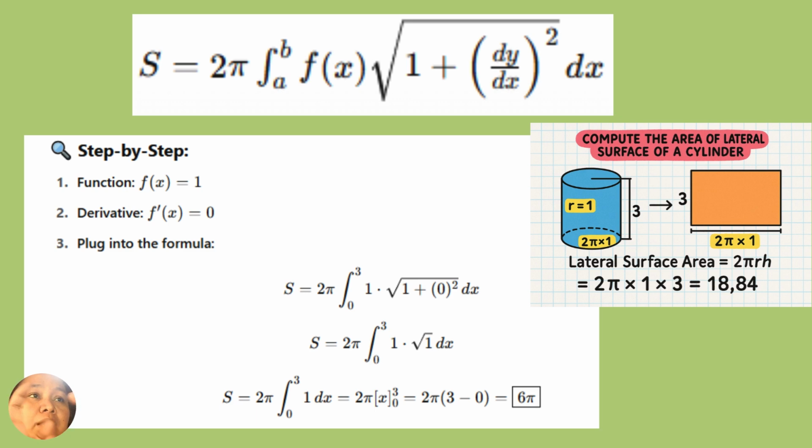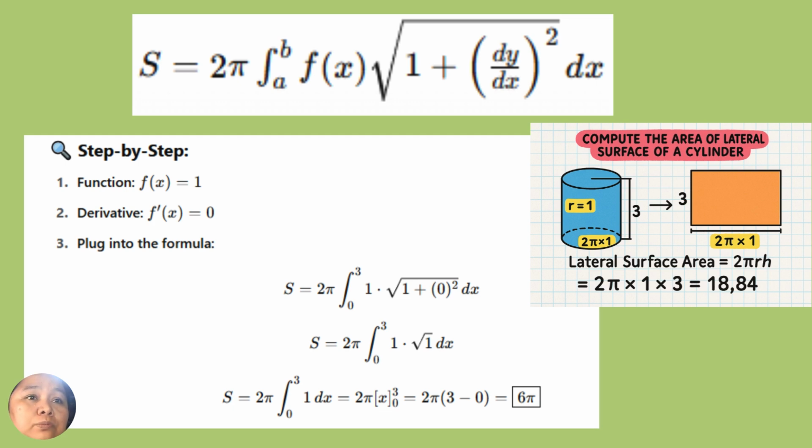Okay? Saan nanggaling again yung 1? Sa radius. Saan nanggaling yung 0? That is the derivative of our 1. Now, the square root of 1 is 1. So, 1 times 1 dx. Therefore, our integral would be equal to 3 because 1 times 3 is 3, 3 minus 0 is 3. And then we multiply it with our 2 pi.